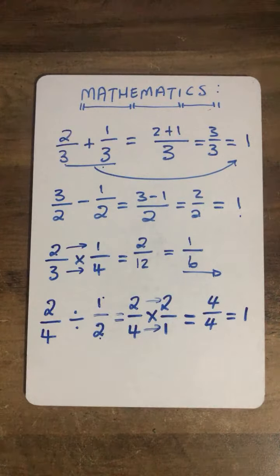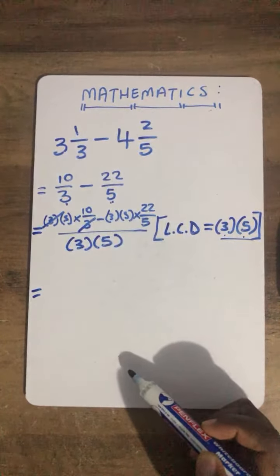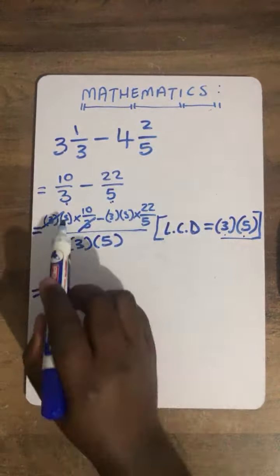Why did I do it that way? It's because I knew that it is easier to just say 3 cancels with that 3. So you have 5 times 10, which is 50, minus, that cancels with that.